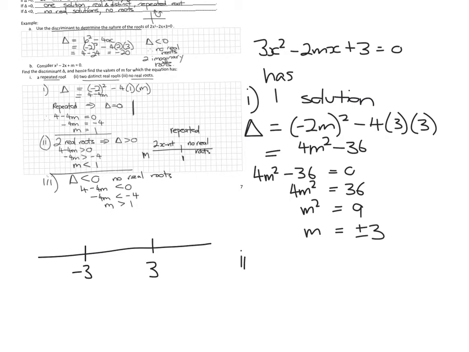Now I want to do when I've got two real solutions. That's when my discriminant is going to be greater than 0. And so that means that 4m squared take 36 is going to be greater than 0. Now this is a little bit harder to work out, because if we rearrange it, we're going to get a little bit of funny rearrangement going on when we work with that inequality.